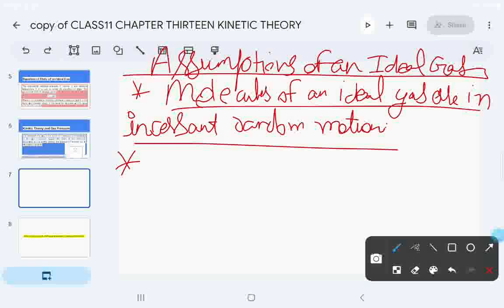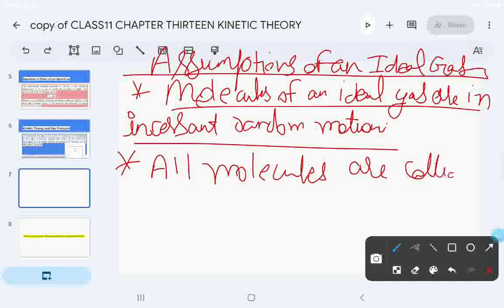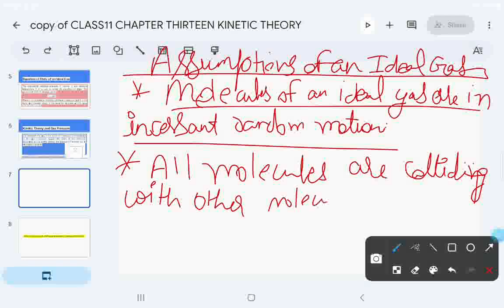The second assumption is that all molecules are colliding with each other and with the walls of the container. Colliding does not mean they are literally hitting each other; actually, they are interacting, colliding with other molecules and with the walls of the container.